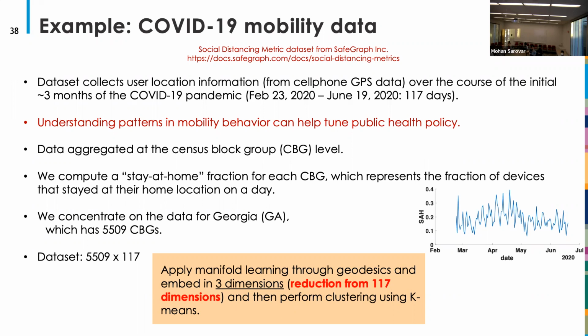And then in this data, I'm going to concentrate on the data set for Georgia, the state of Georgia, which has roughly 5,500 CBGs. Georgia, because we wanted to compare it against another paper which used a standard manifold length. I'll show you the comparison.